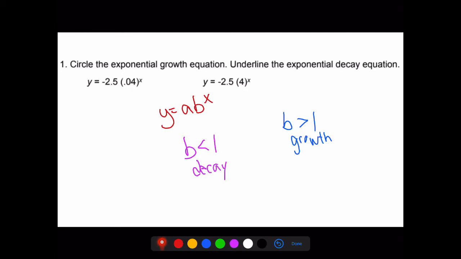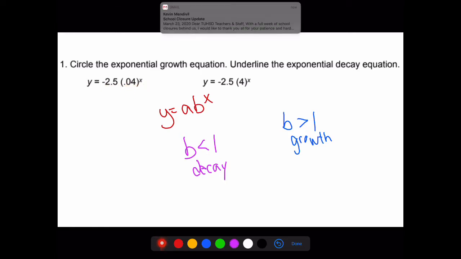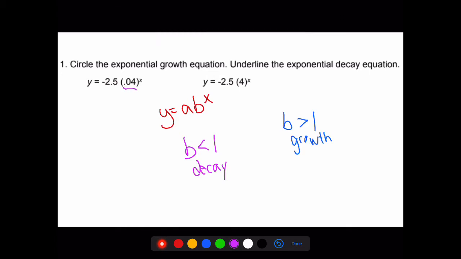So as we look at these, y equals negative 2.5 times 0.04 raised to the power of x. Well, this 0.04, that is our b value. And we see that our b value is less than 1 there. So, in fact, this first equation, that would be decay, so I'm going to underline it.